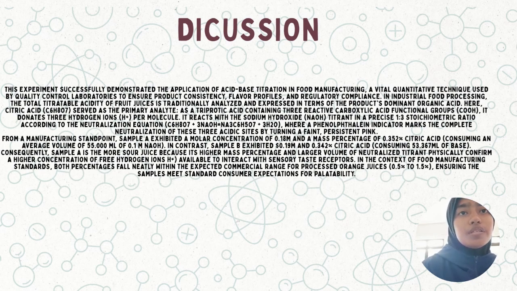From a manufacturing standpoint, sample A exhibited a molar concentration of 0.18 molar and a mass percentage of 0.352% citric acid. In contrast, sample B exhibited 0.19 molar and 0.3142% citric acid.